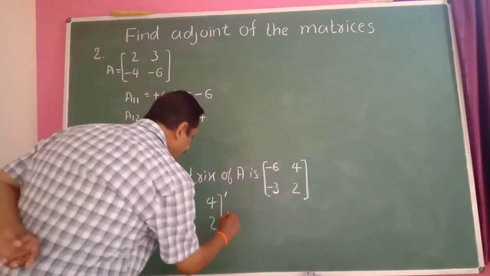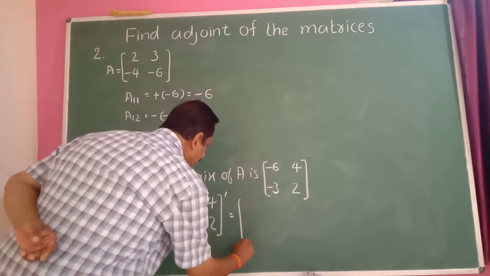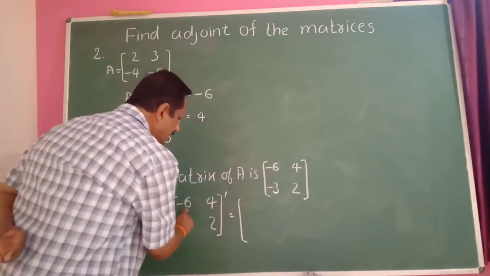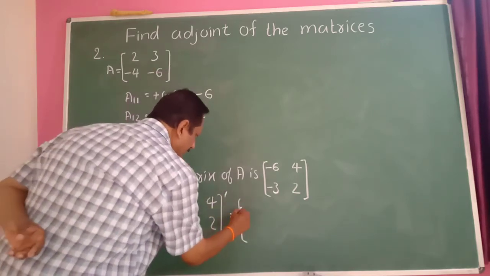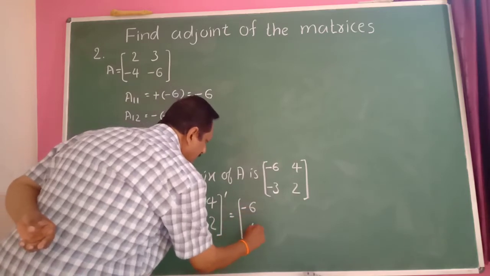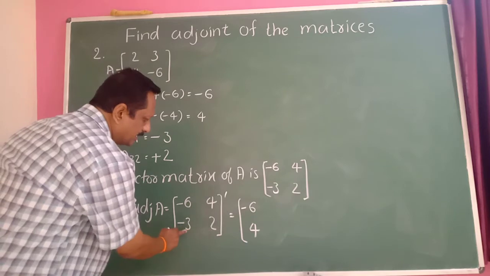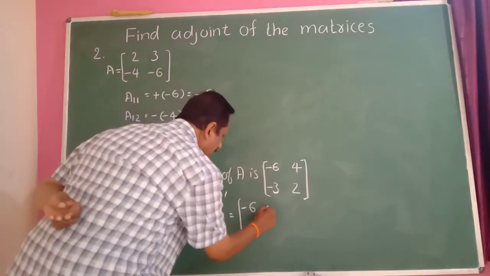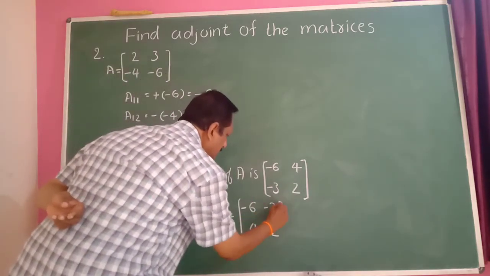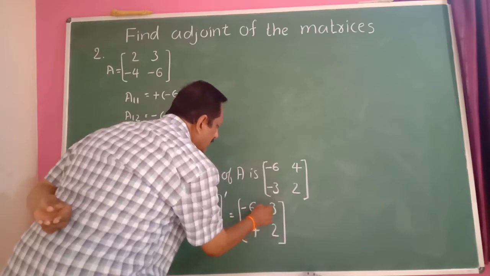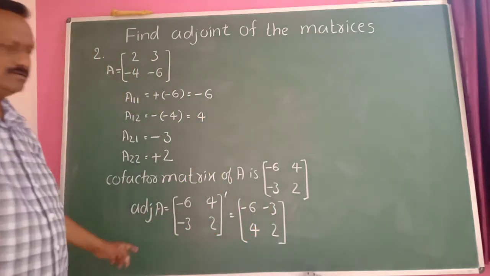Therefore, this equals minus 6, 4, the elements in the row, write in the column here: minus 6, plus 4. Then minus 3, 2, the elements in the row, write in the column: minus 3, plus 2. So this becomes the adjoint of the matrix.